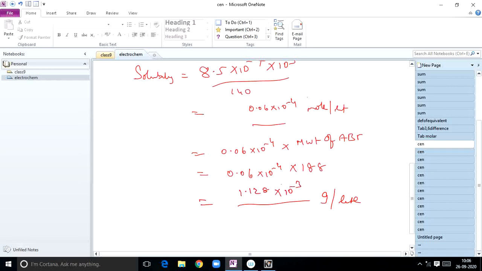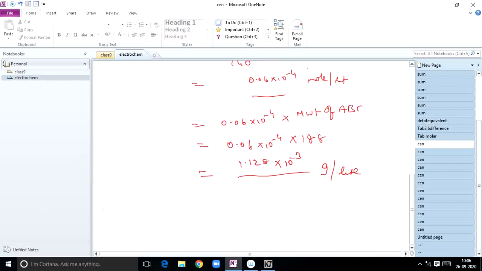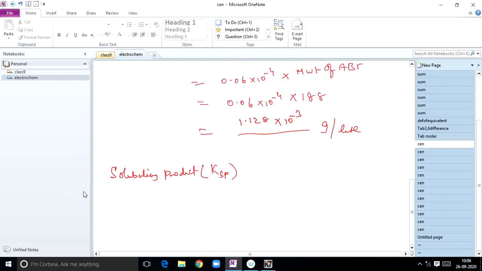After getting that, he is asking solubility, and at the same time he is asking solubility product also. So how is solubility product different from solubility? Solubility product you will get in the ionic equilibrium topic, that is denoted by KSP, the solubility product. Now how to calculate the solubility product? So silver bromide you take, you get Ag plus plus Br minus.